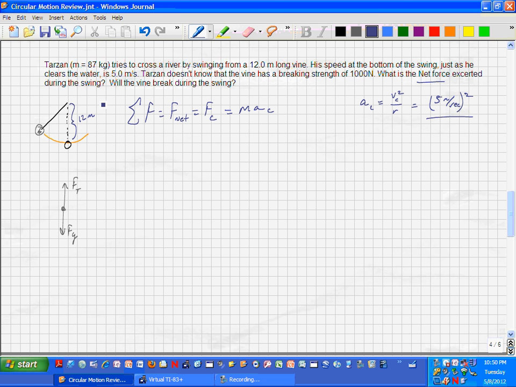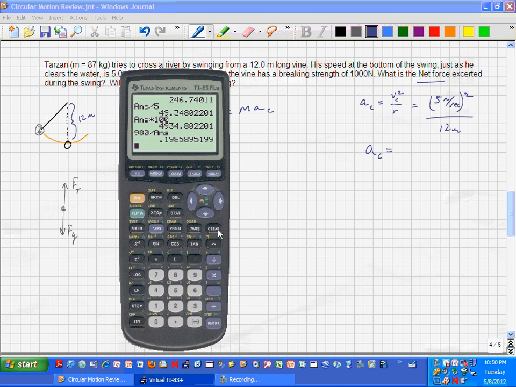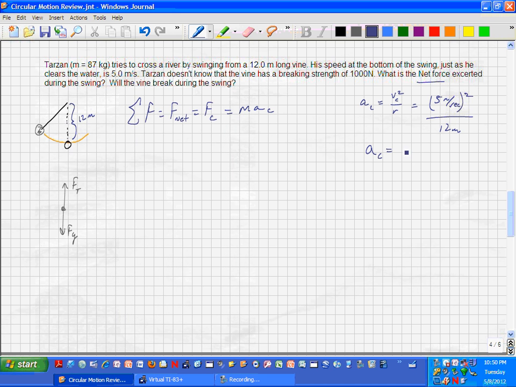That's going to be the radius of my circle, right? So the circular acceleration is going to be equal to 5 squared divided by 12, which is going to be 2.08 meters per second squared.